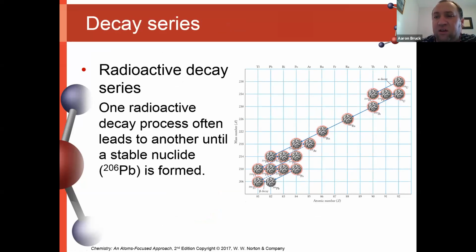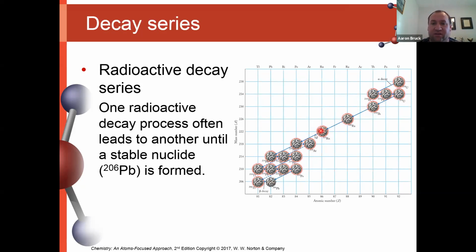So let's take uranium-238, for example. Uranium-238 starts up here, atomic number 92, and in the end, uranium-238 will probably decay down to a more stable form of lead-206. But to get there, we're going to see it goes through a series of alpha decays, then beta decays.